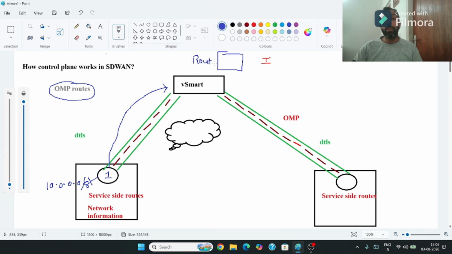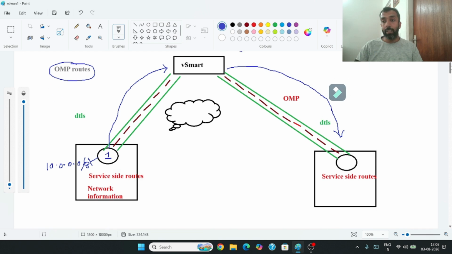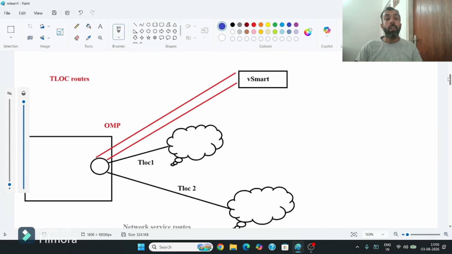After adding this information in its routing table, the vSmart controller is going to provide the same network information to all the other connected routers. The same will be done by all the other routers.